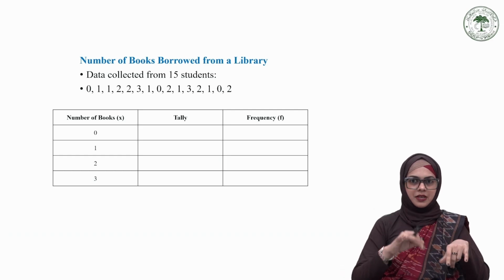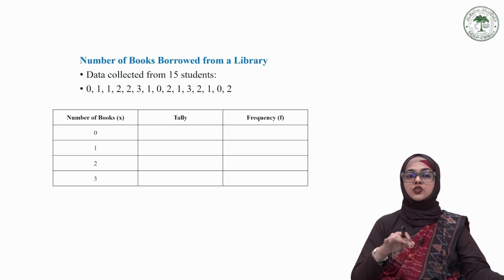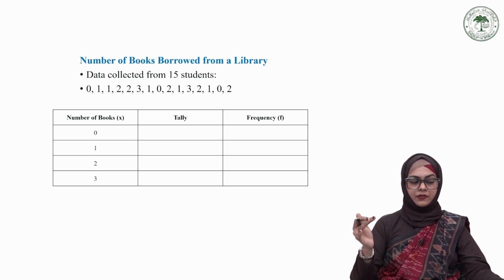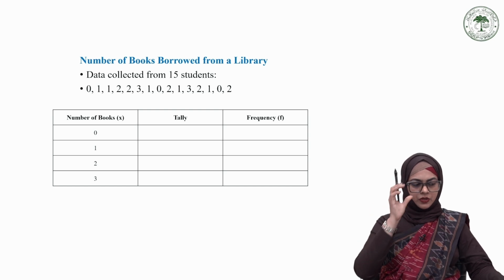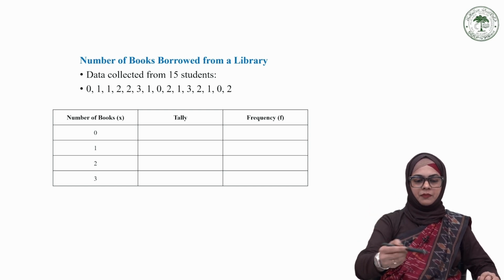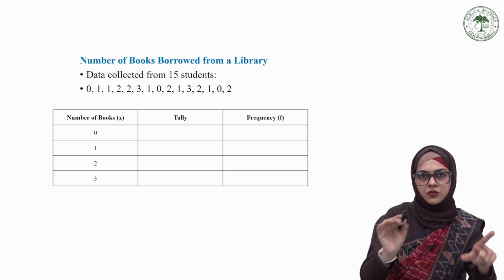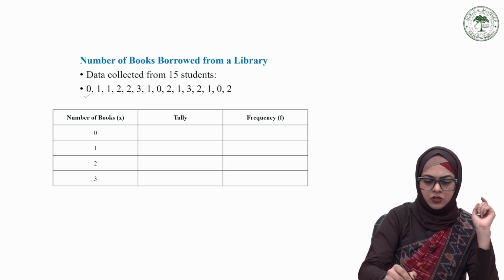Now you see, the very same example that I gave you, in which there is the number of books borrowed from a library, and this data is collected from 15 students. Now you have to make the tally. Look, you have 0. How many zeros do you have? We have 1, 2, 3.